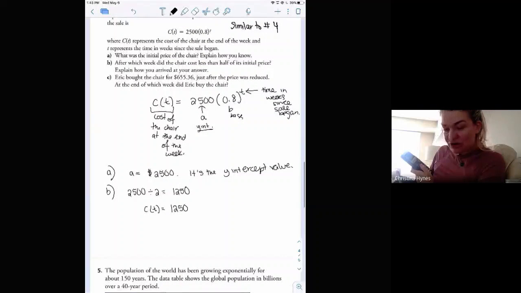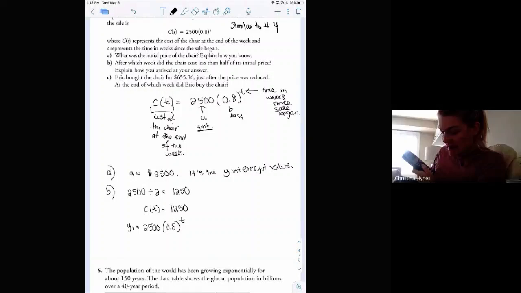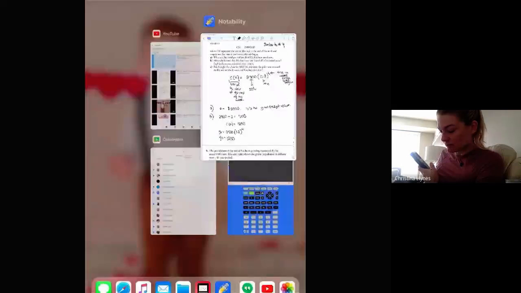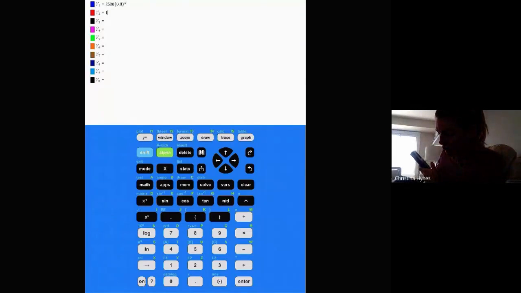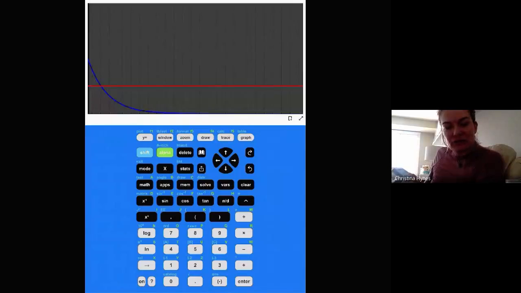So that's what you're going to put into your calculator. You're going to go y1 equals, the right side of the equation is 2,500, 0.8 to the power of t, and your y2 value is that value that you just determined, which is half of the initial, 1,250. So you're going to go to your graphing calculator and put 1,250 into y2. Graph it, and if you have the right window, you should see that the two graphs intersect.